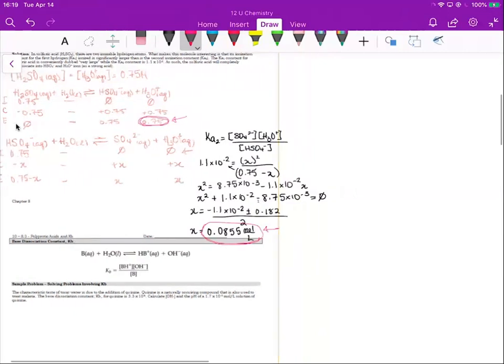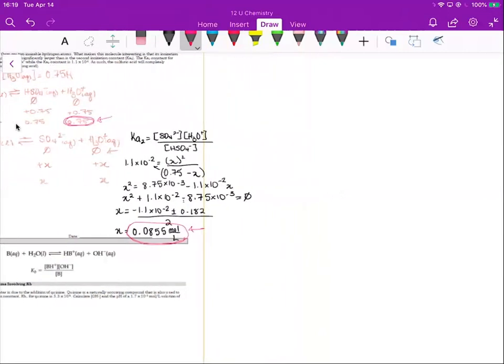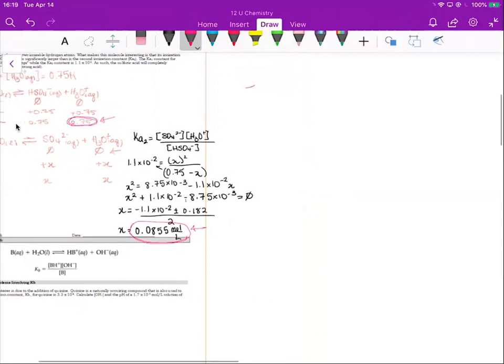For the purposes of pH, because that's what the question's asking us for, I need to find the overall concentration of hydronium ion. From my first dissociation, I have a concentration of 0.75 molar. And from my second dissociation, look at how much less I have.